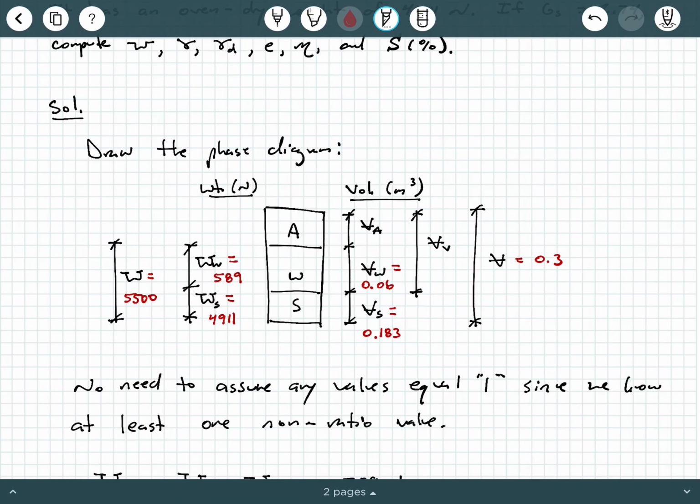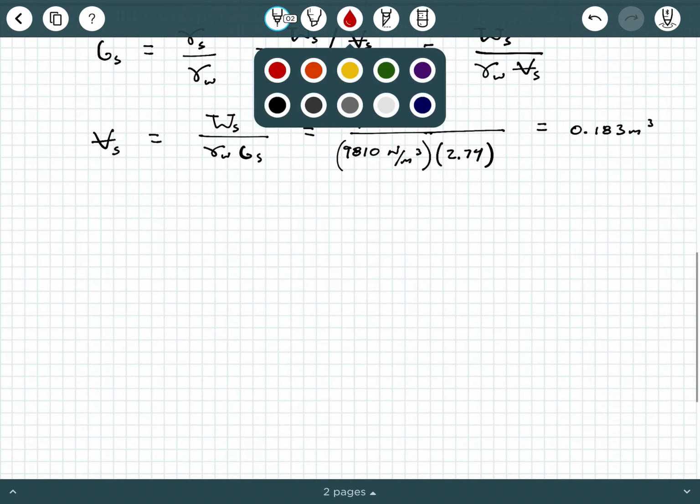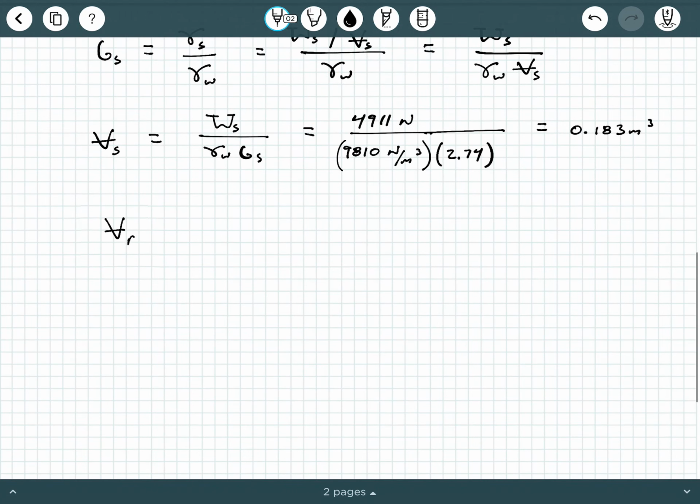So what do we have left to calculate for this phase diagram? We got volume of air and volume of voids. So can we calculate these pretty easily? Yeah, absolutely. So the volume of air is going to be the total volume minus the quantity of the volume of water plus the volume of solids.